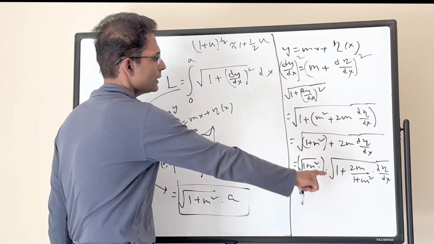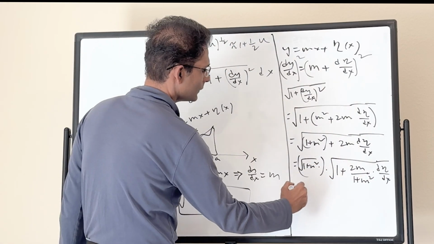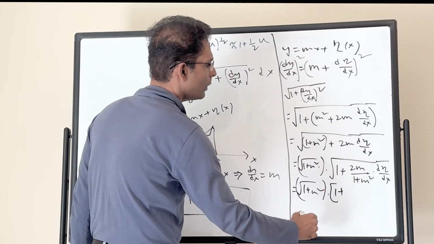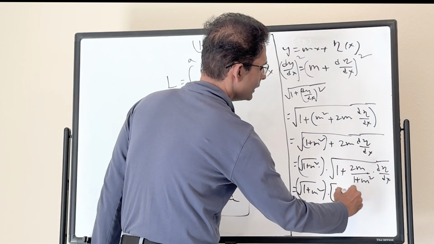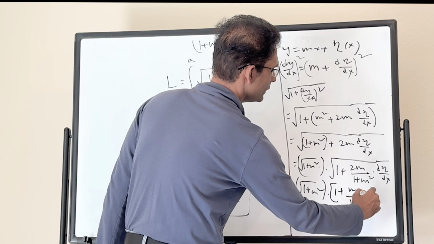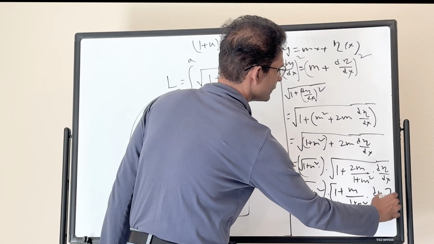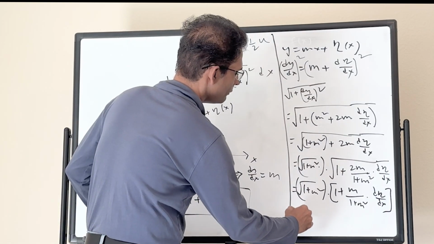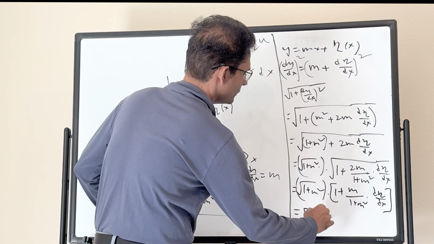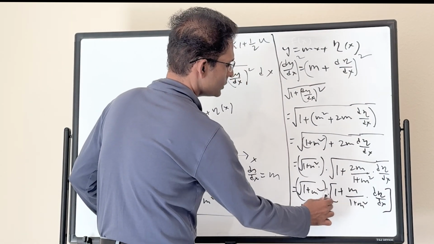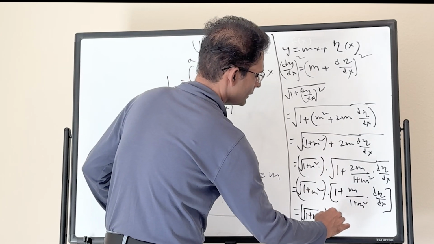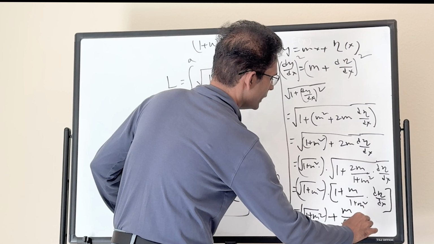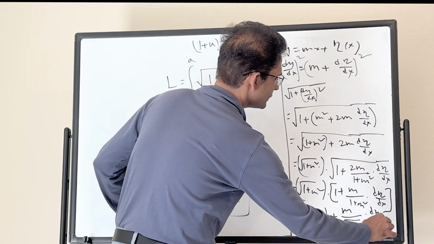So if I use this here, what do I get? You have the square root of this, and then here you have 1 plus half times that, which means m over 1 plus m squared, and d eta/dx, right? Half times 2m is just m. And this is the final expression: square root of 1 plus m squared, I'm distributing this to the two terms, and then plus m over the square root of 1 plus m squared, times d eta/dx.